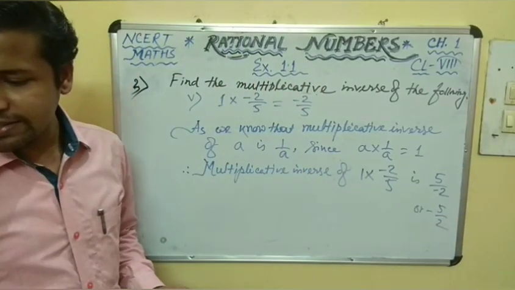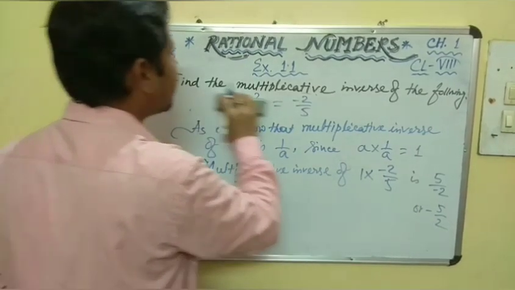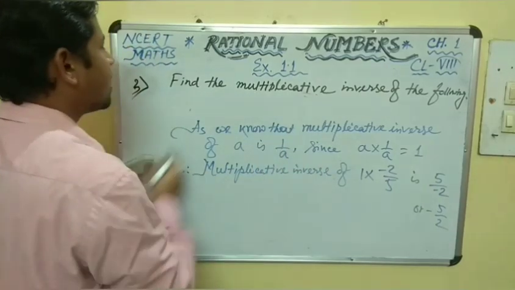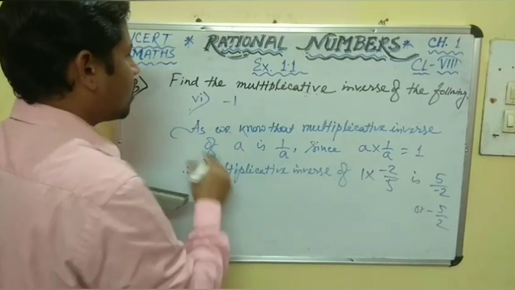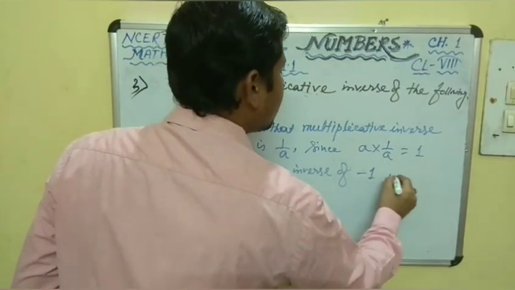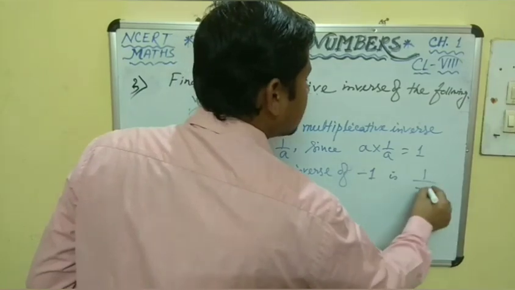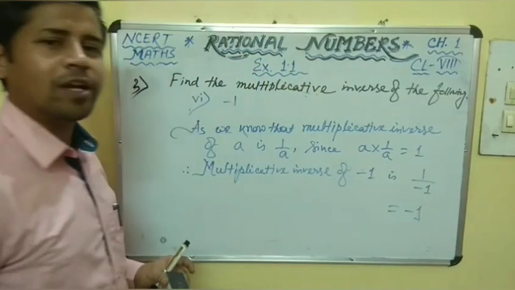So next one is number 6, which is saying minus 1. So what will it be? We will write only minus 1. Minus 1 is 1 by minus 1, you will say, and you know that this is nothing but minus 1.